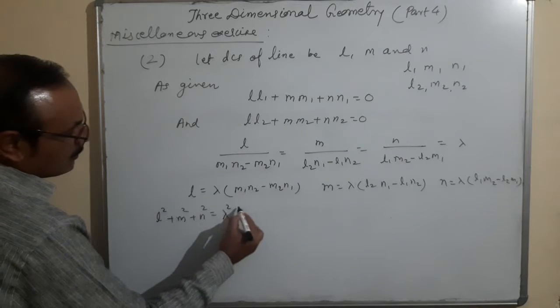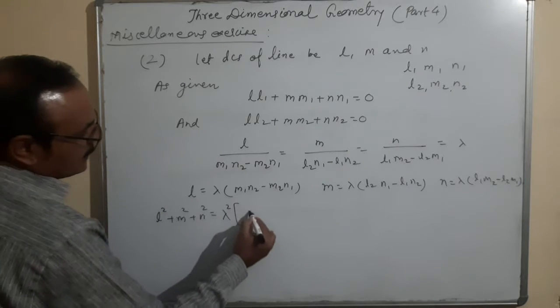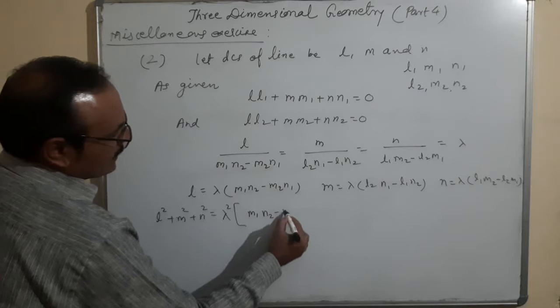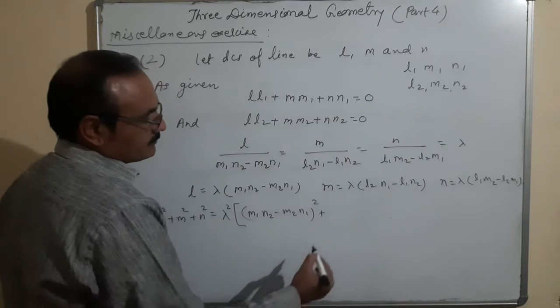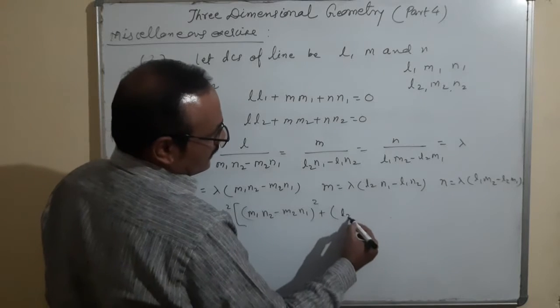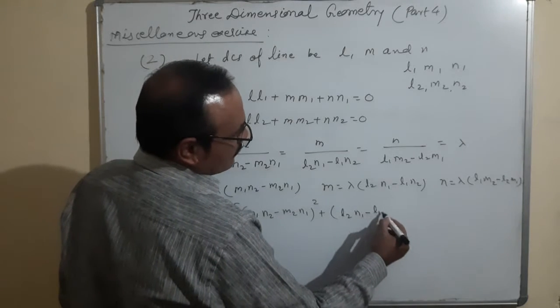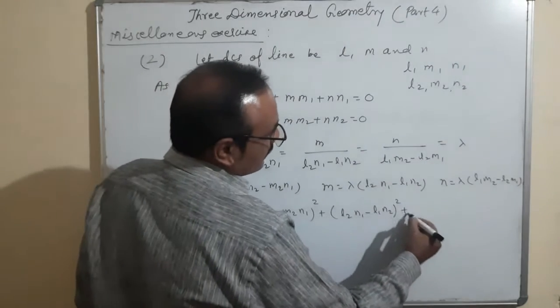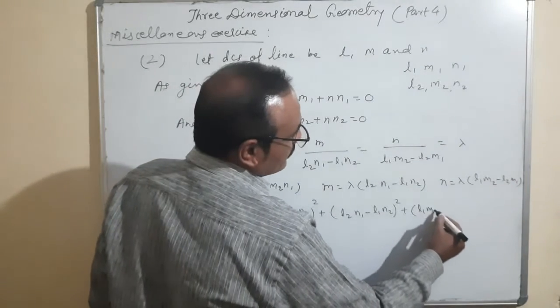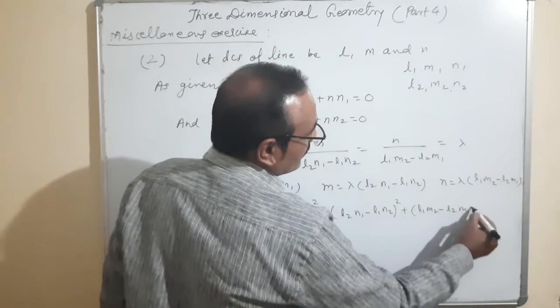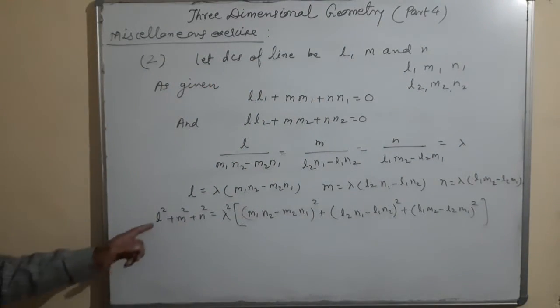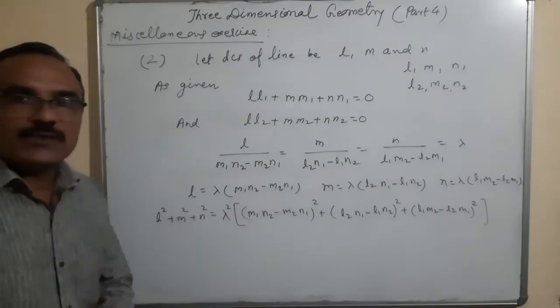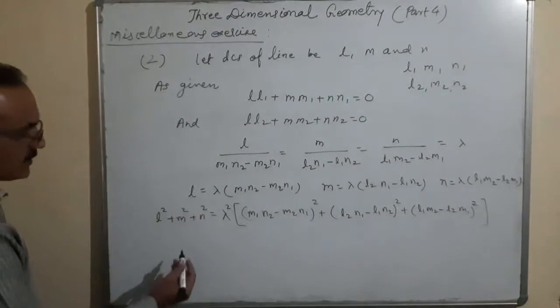I take lambda square common, and it is (m1 n2 minus m2 n1) whole square plus (l2 n1 minus l1 n2) whole square plus (l1 m2 minus l2 m1) whole square. Is that okay? l square plus m square plus n square is equal to 1, so the value of this term is 1.